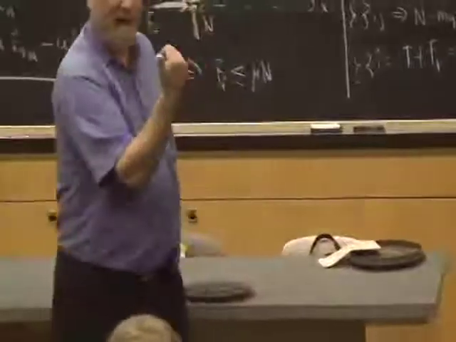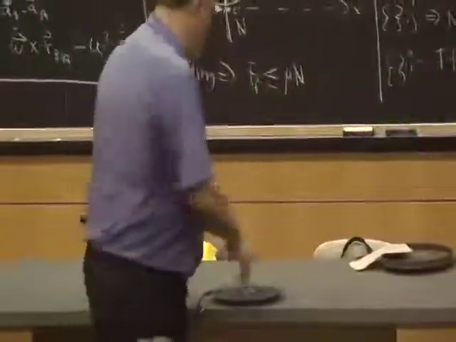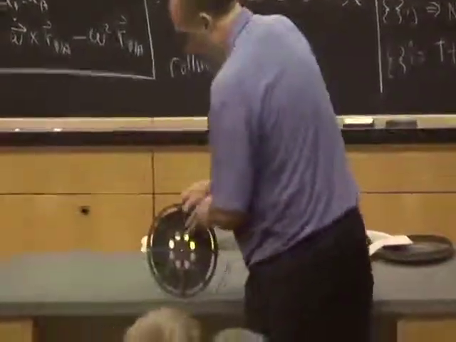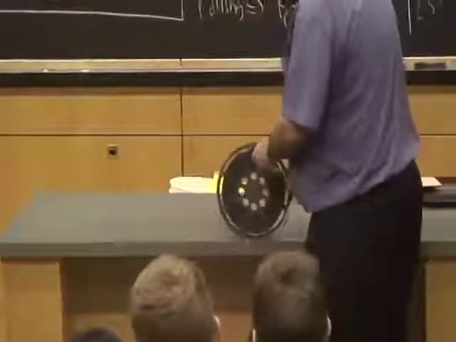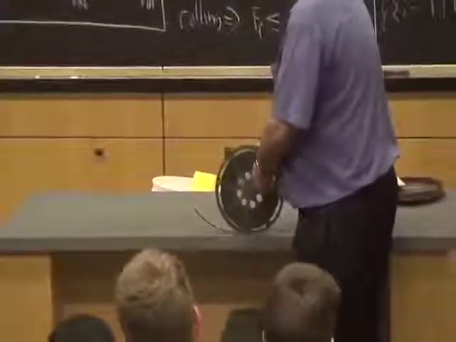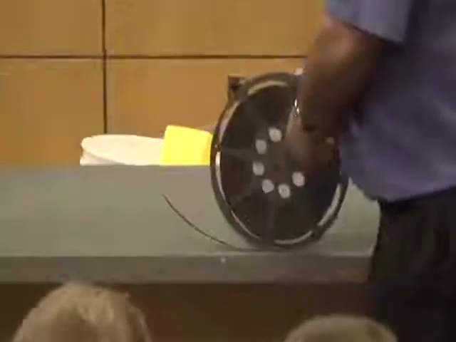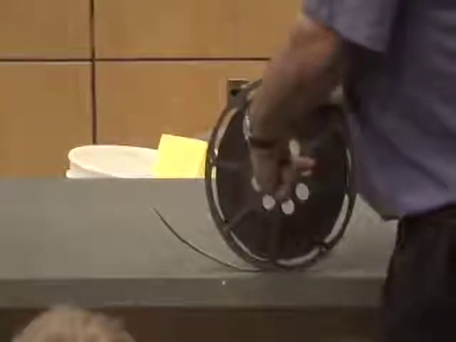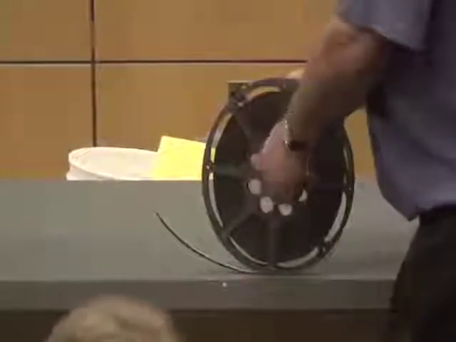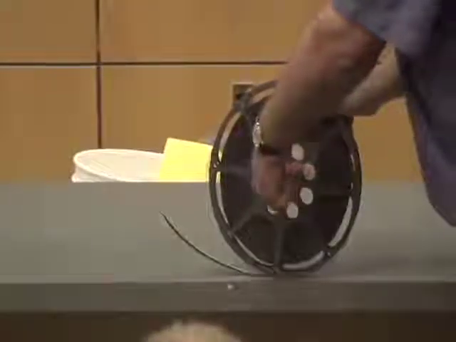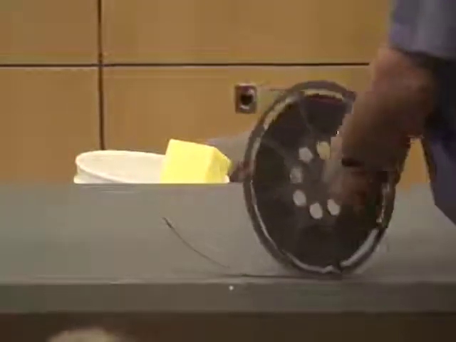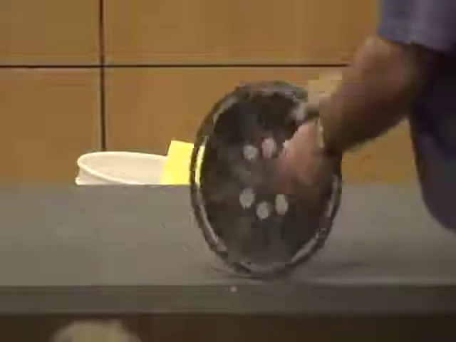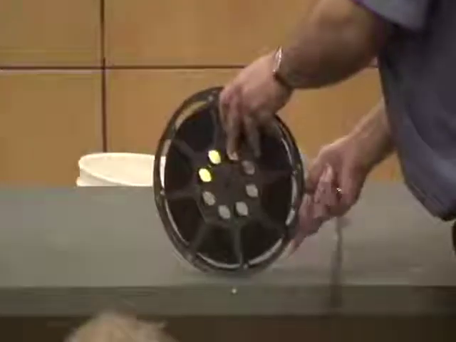Omega we're taking as positive in the counterclockwise direction. So if this happens to be rolling this way, omega would be negative, and the velocity of this thing is positive. So the forward velocity of this middle point is minus omega r, which you could get intuitively just by looking at this thing. But now we've got a way to do these things more carefully.